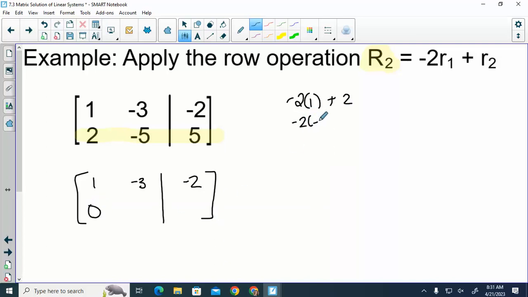It'll be -2 times a -3 plus a -5. So you get 6 plus -5, which is 1. Okay, last one. -2 times the number in row 1 plus the number in row 2. So you get 4 plus 5 is 9. Alright, do we need to do another one like this?